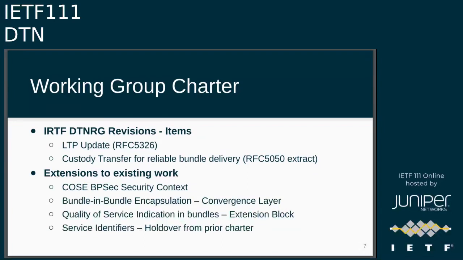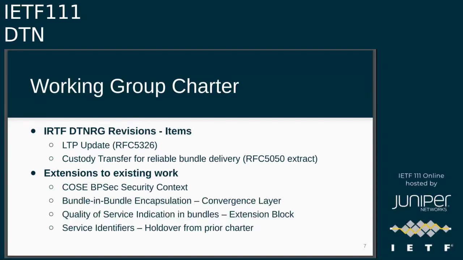Okay. All right. So the concept of custody transfer, originally the idea was as the data is making its way through the network, at each forwarding point, that forwarder says to the thing before it, I've got this, you can let it go, I'll take care of getting it from here. And that continues end to end.